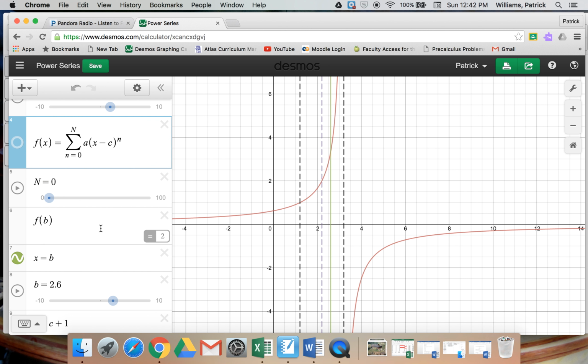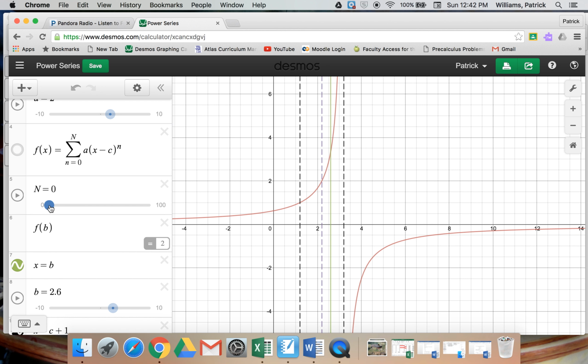All right? So if I just put b to some random value that's within that interval of convergence, as it is right now, and I start making the terms in my series go up, look what happens to that approximation for f of b. It just goes 3, 3, 3, 3. Eventually, it just doesn't change. Okay, look at that again. We start at n equals 0, and it's 2. It's a crude approximation. It only has one term.